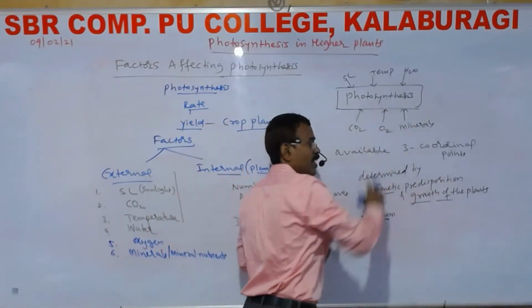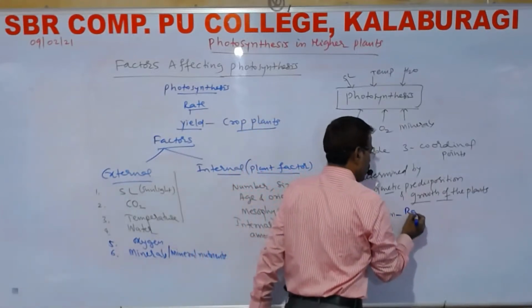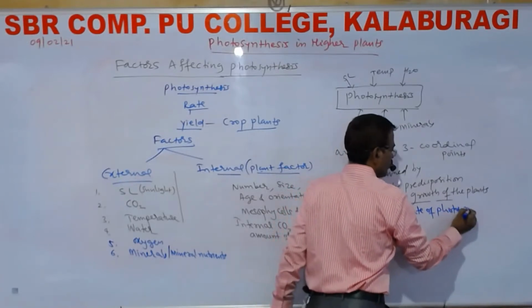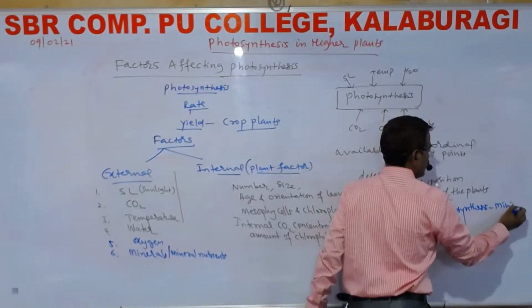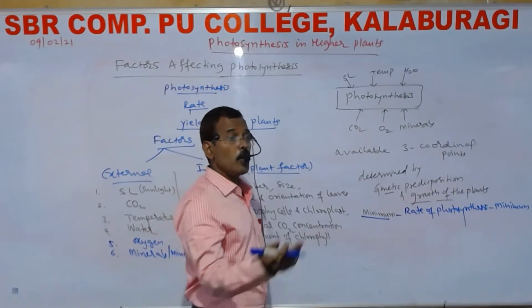When the external factors are available in minimum amount, the rate of photosynthesis will be minimum.